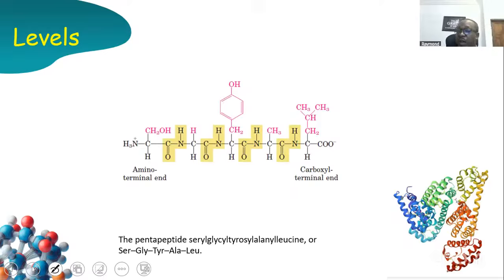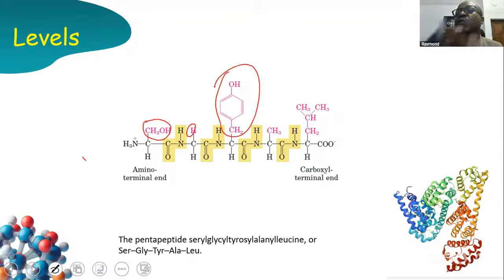So you can see the CH2OH, we talk about it as being serine. Only hydrogen, we talk about it as being glycine. CH2, then the benzene ring with the hydroxy group, says tyrosine. Tyrosine is sometimes also called para-hydroxyphenylalanine.